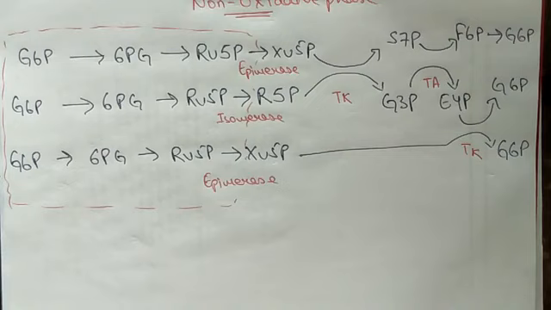And the rest of the intermediates in this cycle are used to produce ATP, and also feed into glycolysis.